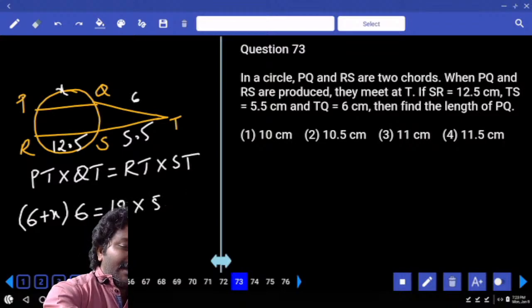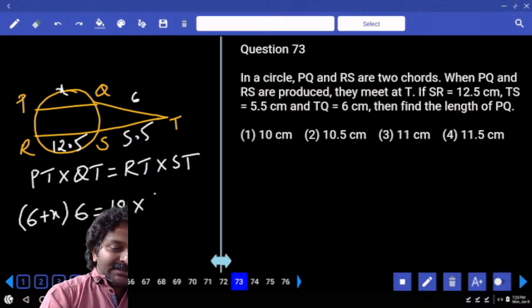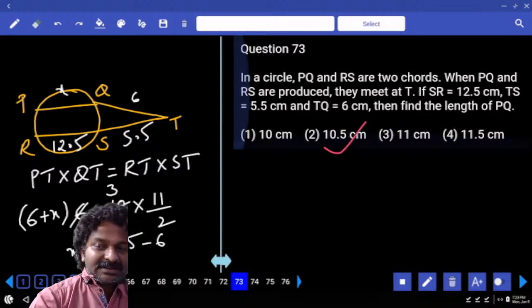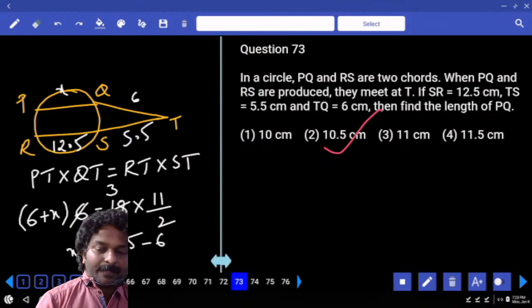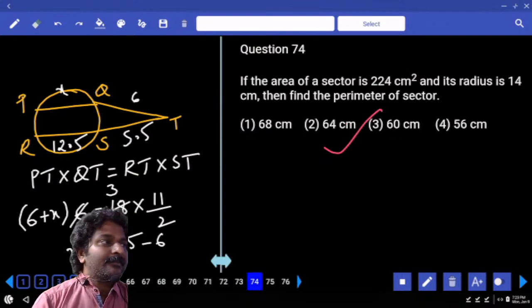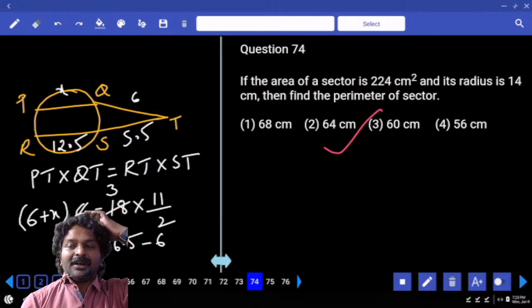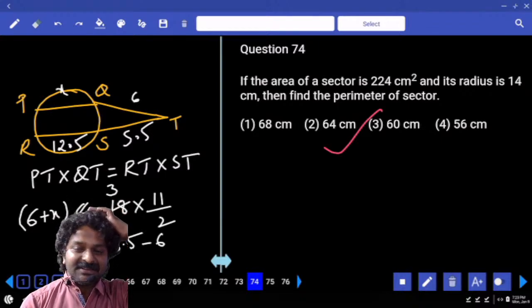We can write 5.5 as 11 by 2. 6 times 3 times 11 by 2 is 33, so 16.5. X is equal to 16.5 minus 6. Answer 10.5.